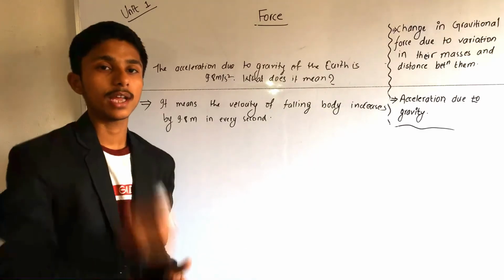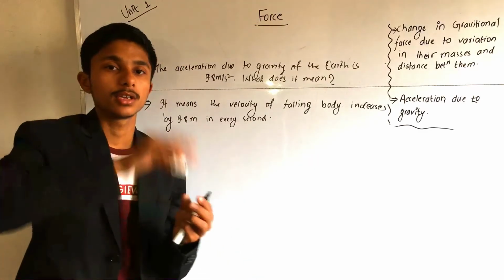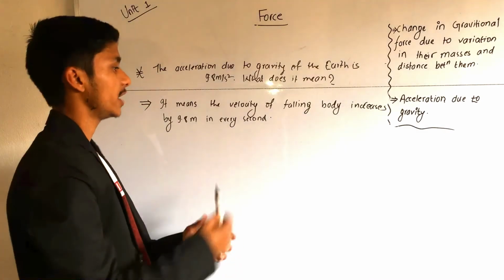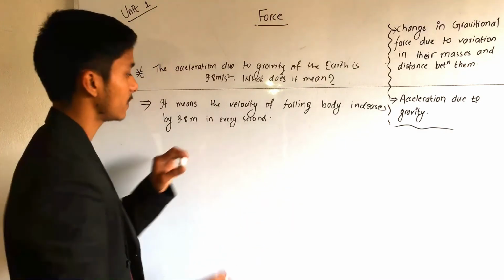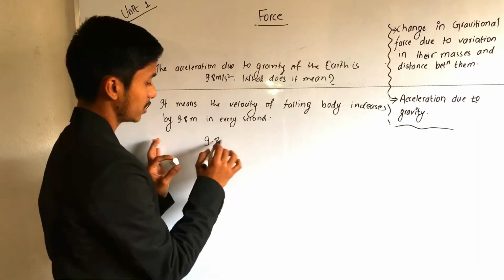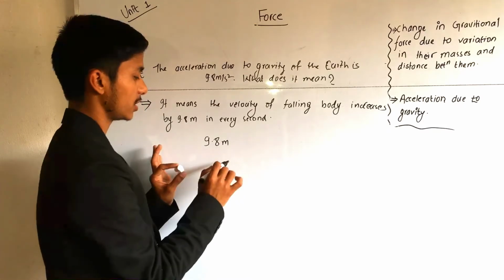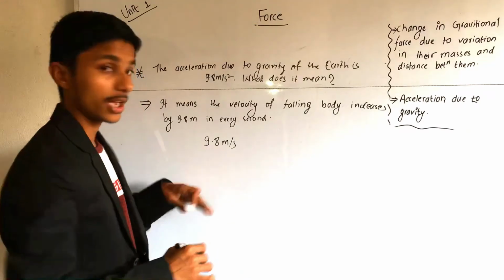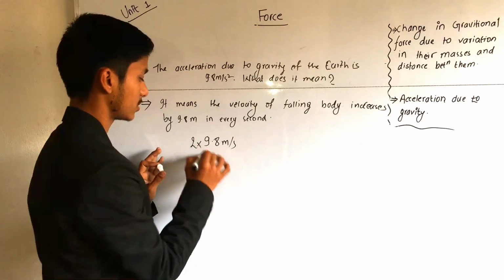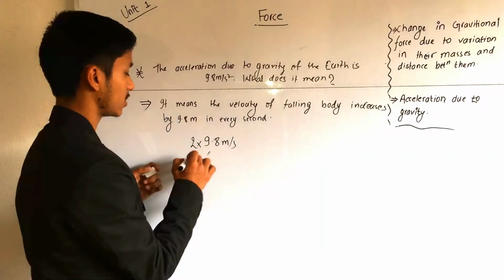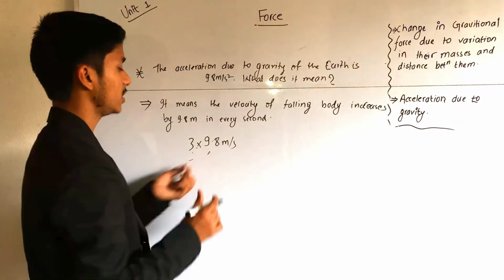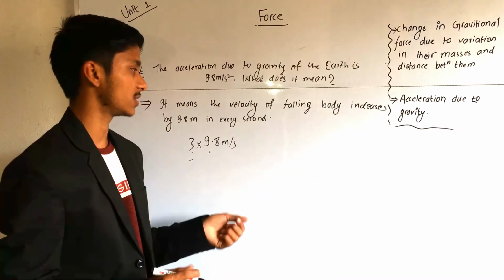It means when I lift this lid of marker, then its velocity increases every second. Its velocity in 1 second becomes 9.8 meter per second, and in another second its velocity becomes twice. In another second its velocity becomes thrice. Okay, similarly in this way its velocity increases.